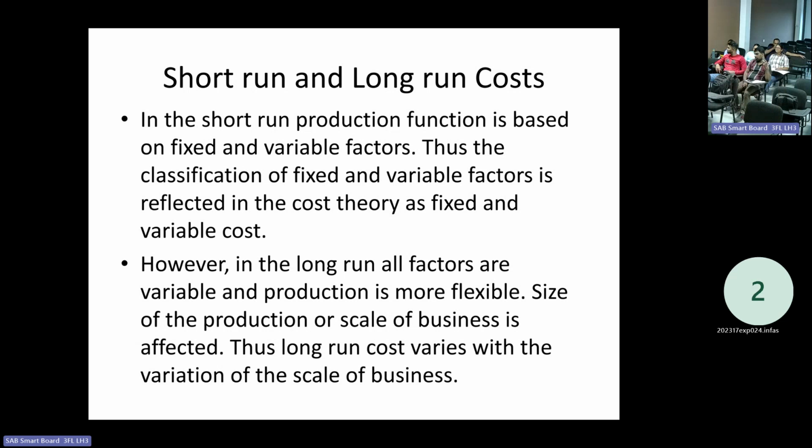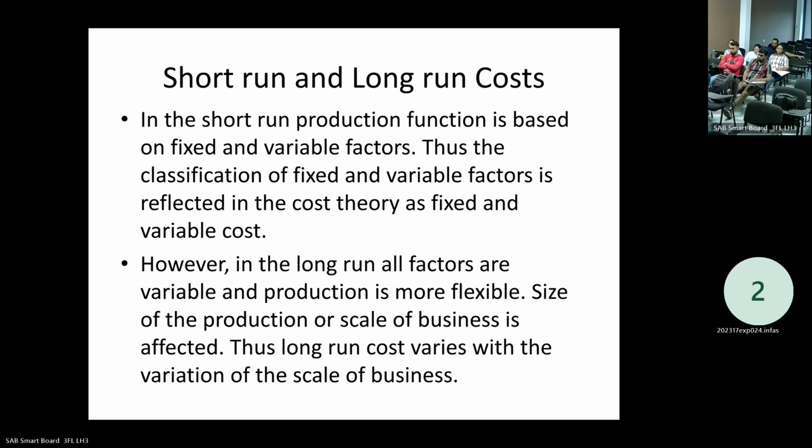Just now we identified the short run cost and the long run cost. Short run cost, we can identify by looking at the variability of the factors: if there are fixed factors and variable factors, fixed cost and variable cost. And also we can identify it based on the marginal cost and the average cost.